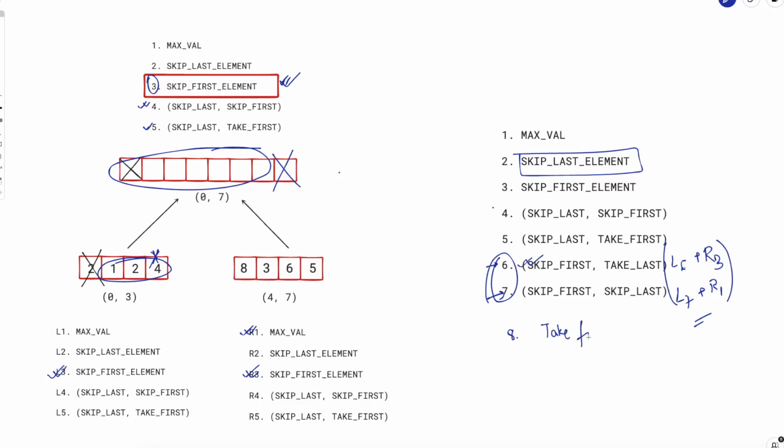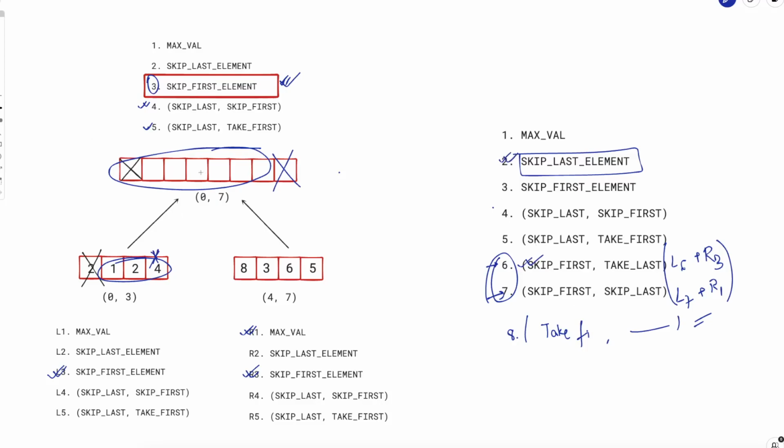And based on these two values, take first and skip first, you can just take the maximum across these two values to get this value, right?